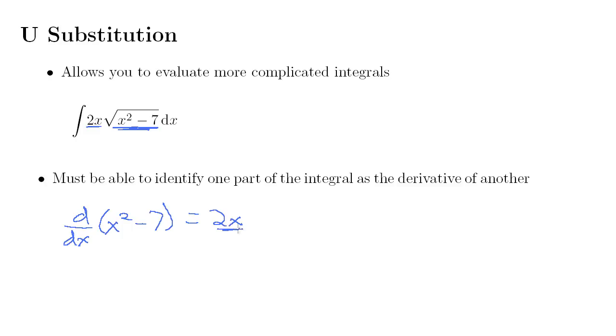And this right here, this 2x, is exactly what we have out in front. So this is why U substitution is going to be useful in this case. And this is always the general method. You find something, one part of your integral is going to be the derivative of another part.